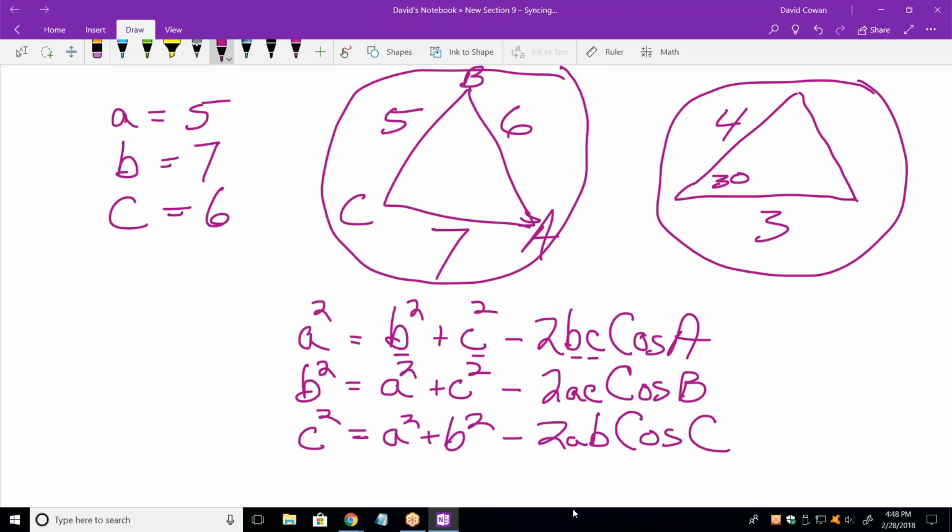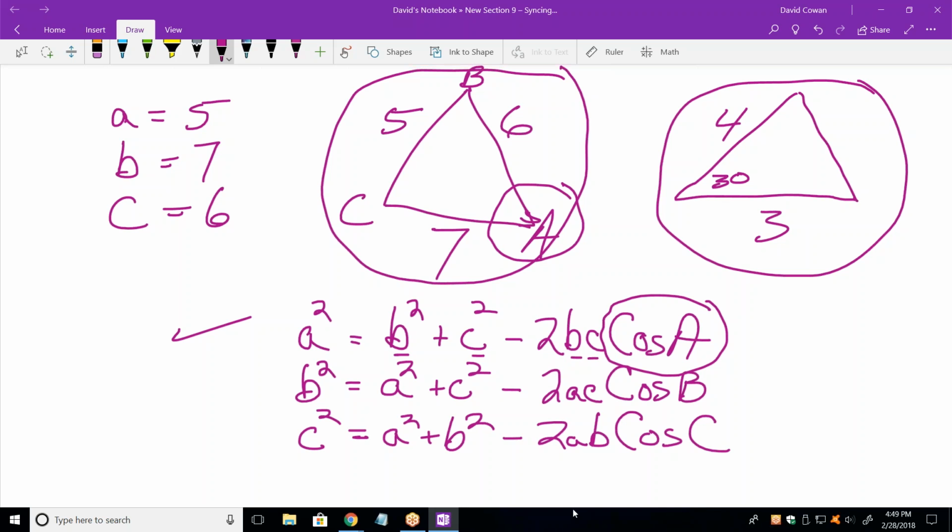Notice that in this particular triangle they've given us, I can use any of the three, because I know what little a, little b, and little c are for all three. If I want to solve for that angle first, use that formula.